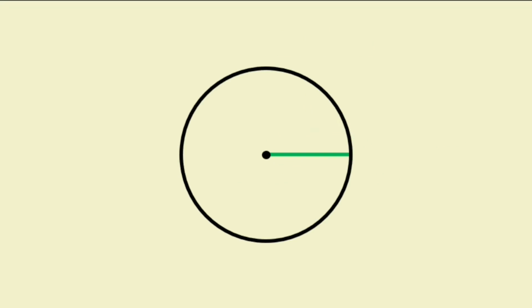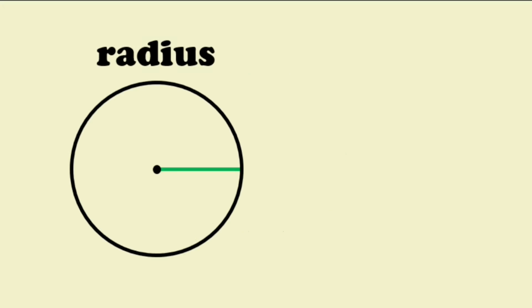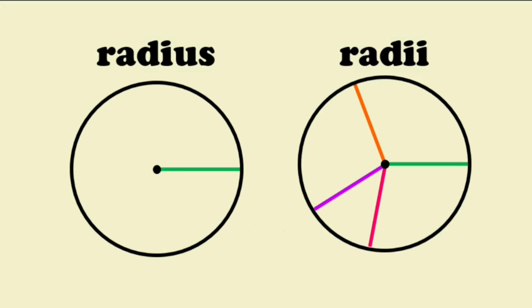You can draw as many radii as you want to, but usually you'll only see one radius because it's the same length no matter where you draw it. By the way, the plural of radius is radii. So if you are referring to many radii, you can just pluralize it with this term, radii.